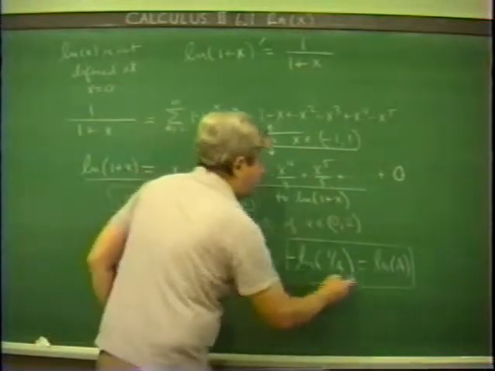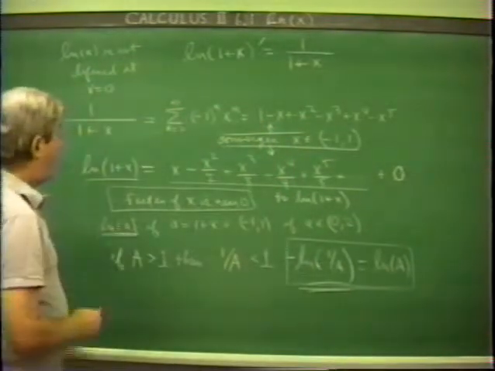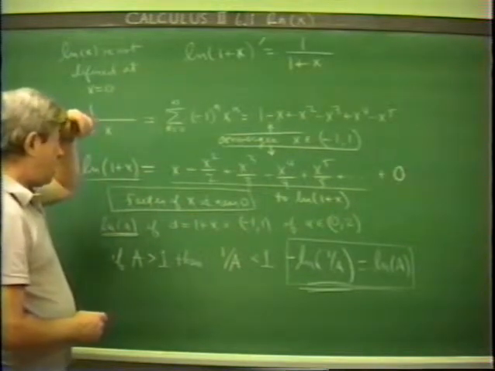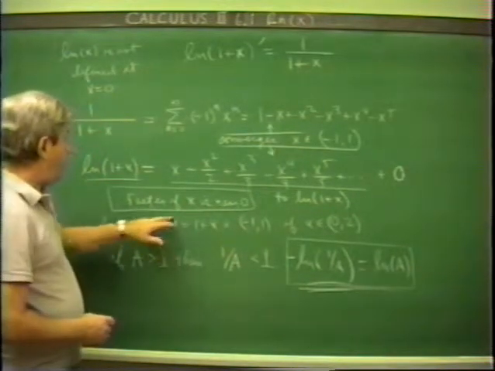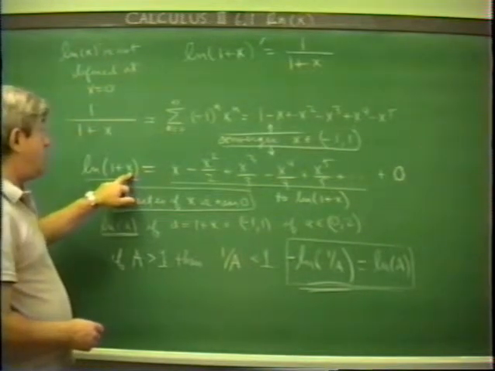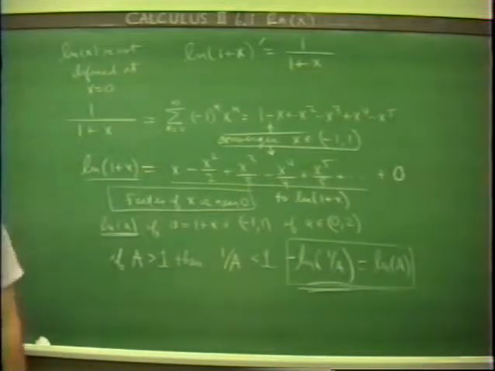If A is less than 2, you can use this expansion. If A is larger than 1, you can get the log of 1 over A. Right? However, the thing to keep in mind here is that this expansion is quickest when x is near 0, and in fact it's very slow if x is close to 1.